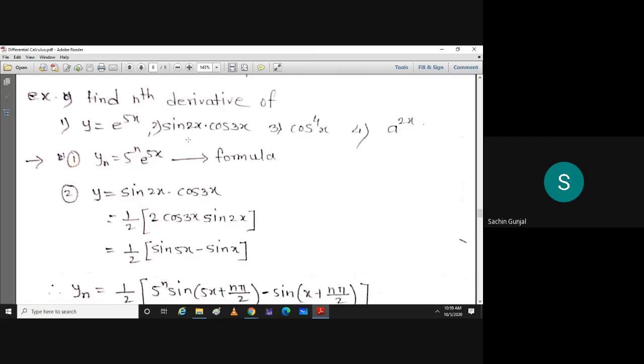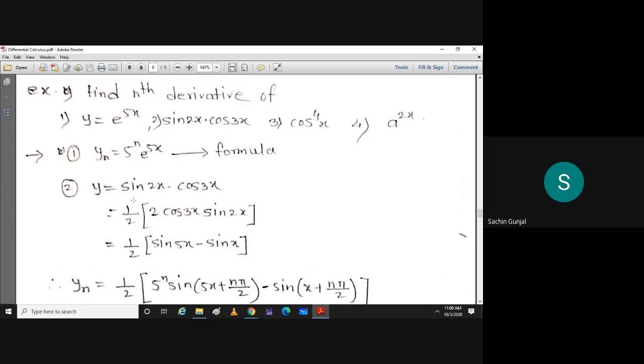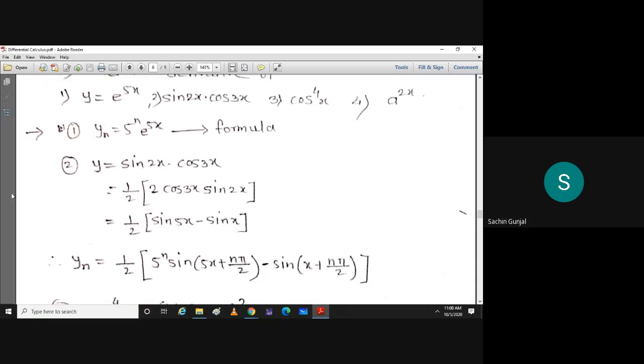Then second, sine 2x into cos 3x. As I told you, right now we don't know how to take nth derivative of a product of two functions. Even if you know individually the nth derivative of sine 2x and of cos 3x, you don't know how to take nth derivative of the product. So you need to club them, and in that case, those trigonometric formulae are going to help you.